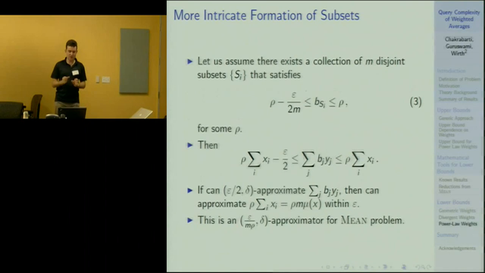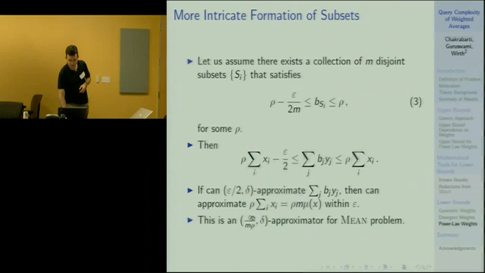So just a little bit more precisely, imagine what we want to connect are these subsets of weights that are somewhere between rho and rho minus epsilon over 2m. So we've got these m subsets, and we want them to be almost equal. It then means that this weighted mean that we obtain is something between rho multiplied by the total sum of the x's, or within epsilon over 2 of that.